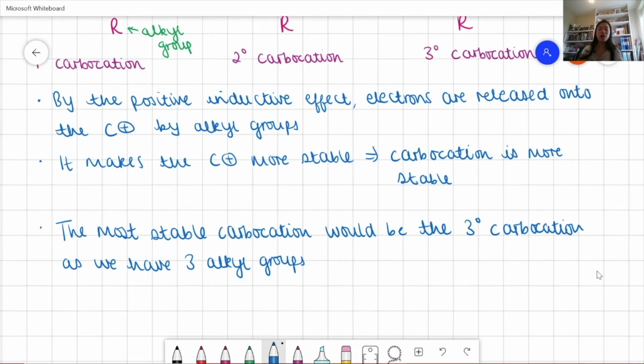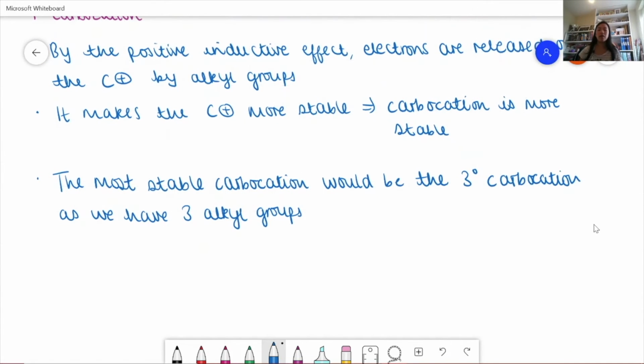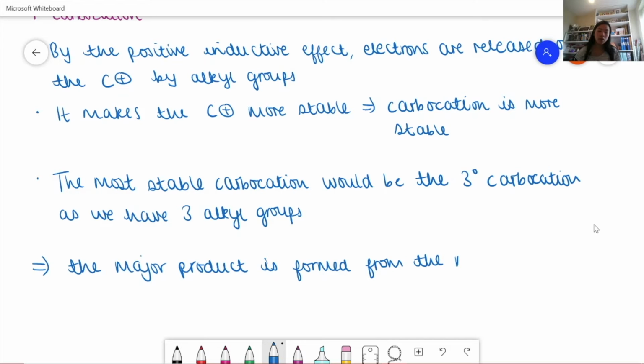And so now we need to say about the actual effect of this. So what we have is that the major product, and this is the main thing you need to remember here, is that the major product is formed from the most stable carbocation.